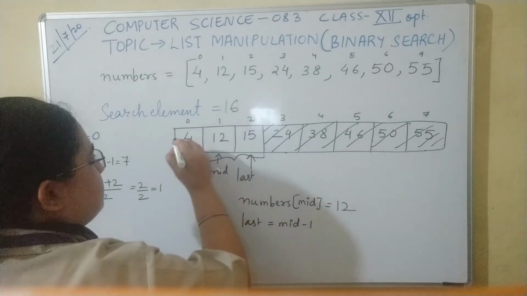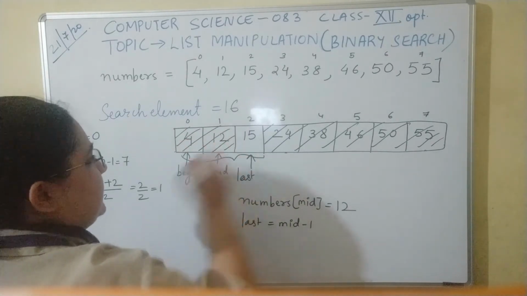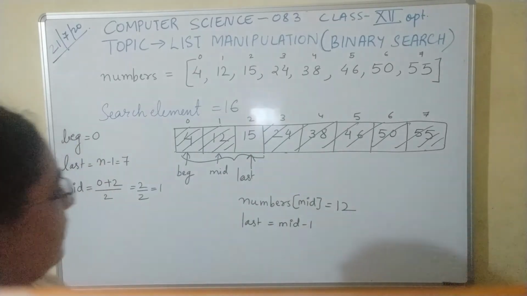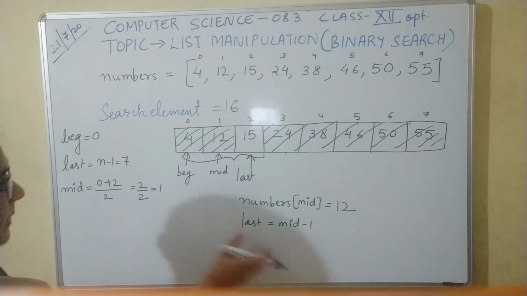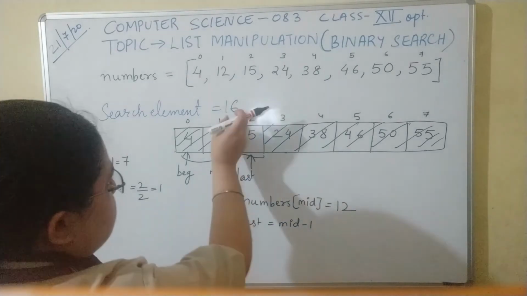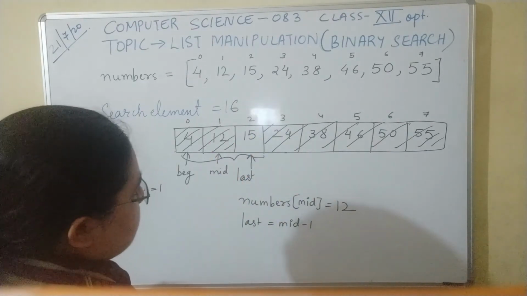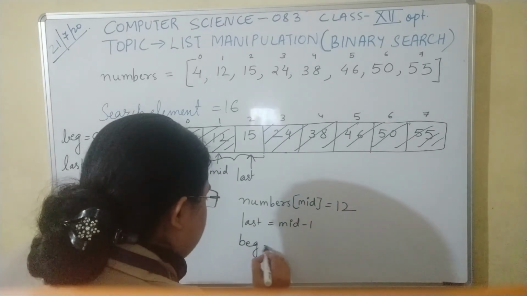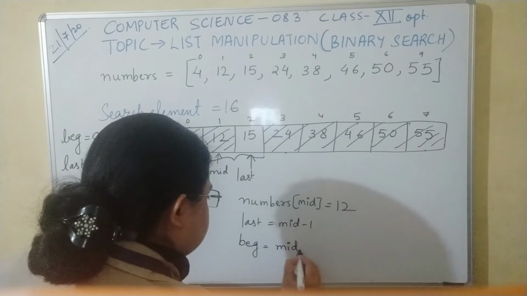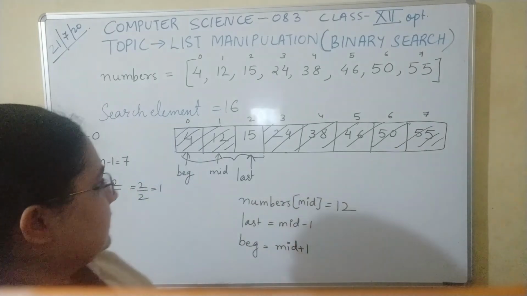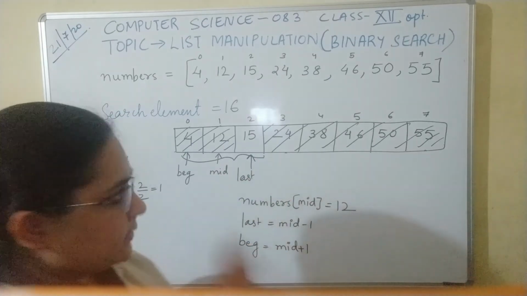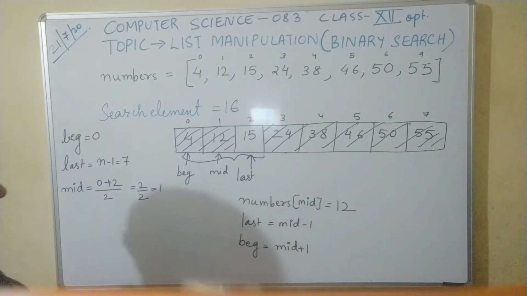That means this part will never be searched. Now we are left with only one element, that is 15. But we will move according to our plan over here, because search element is greater than mid. Hence beg will be set to mid plus 1, because we are assuming that element lies somewhere after mid. So our beg has to be reset.